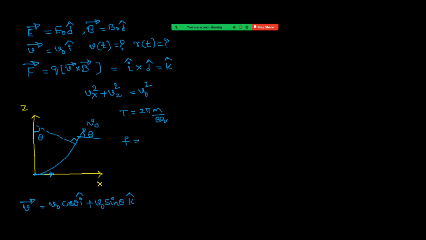Or from this, frequency equals Bq by 2 pi m. Now coming to angular frequency, that is 2 pi f, which is equal to Bq by m. The 2 pi gets cancelled, Bq by m.